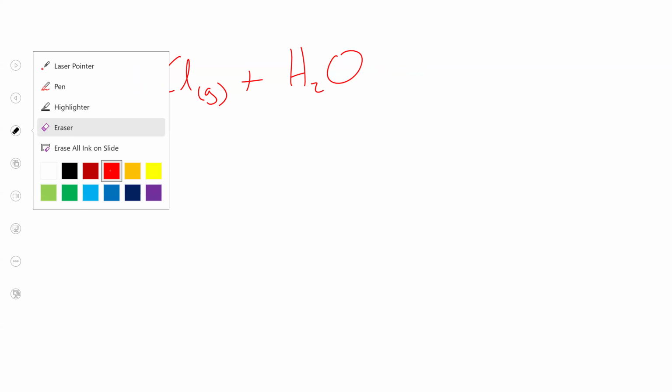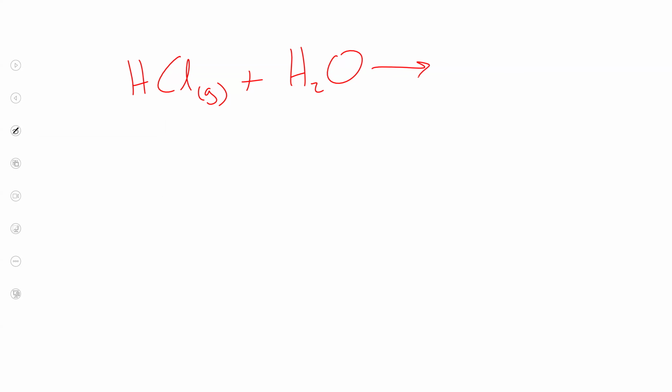Because if you put HCl as a gas in water, we're going to talk more about these today, so this isn't entirely a tangent. What you actually get is H3O+ and chloride.